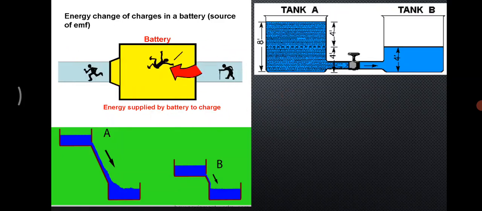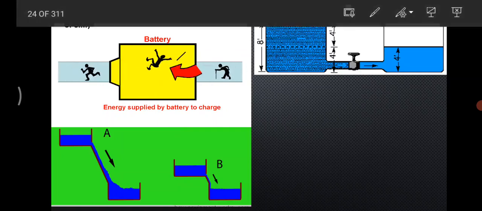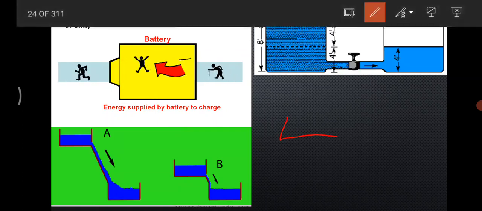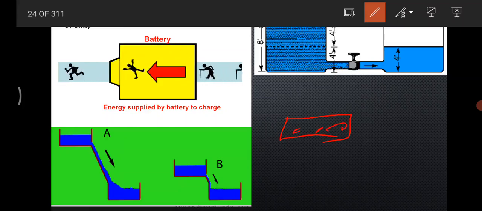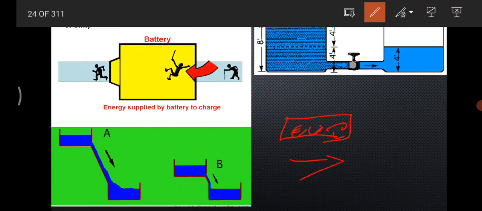Suppose I give an example. Suppose you are sitting on a bench, one person, second person, third person. Now I need to make you move. To make you move, what should I do? If you are sitting there only, I cannot move you.